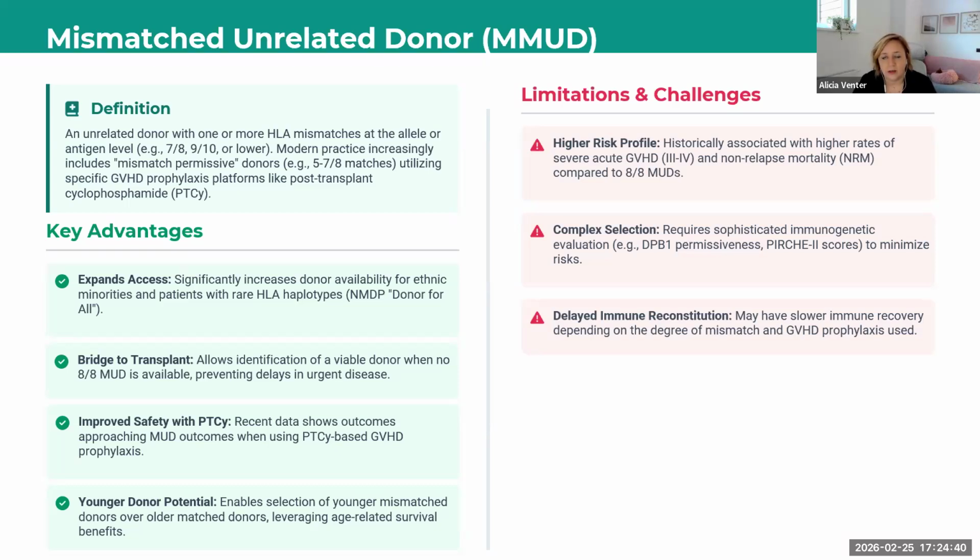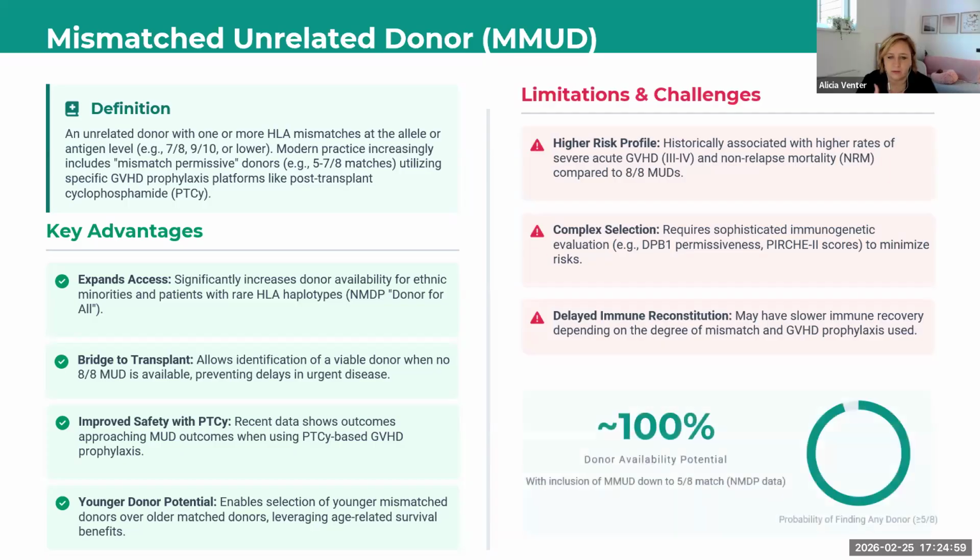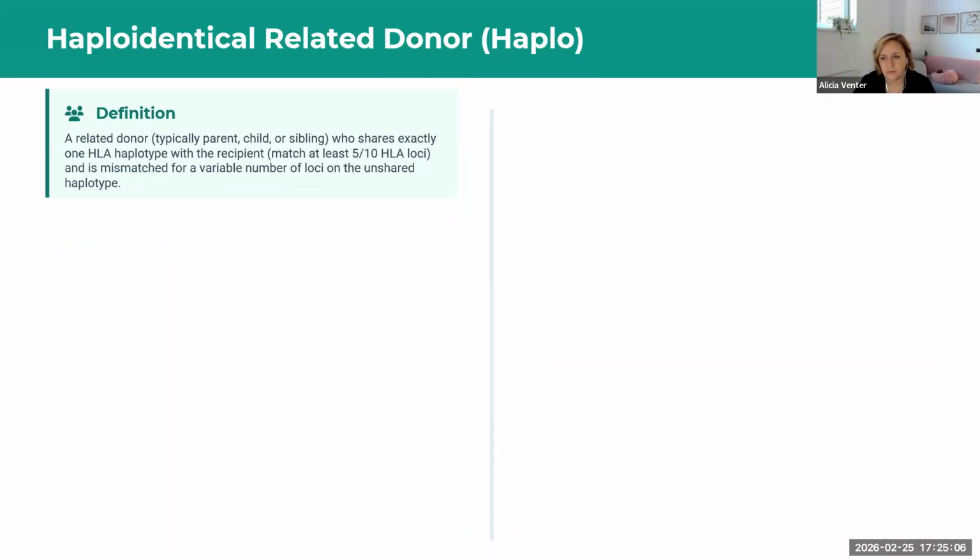But if you run a search and there are no 10 out of 10 donors and you need to start weighing up various mismatched donors, that's really, really tricky because which mismatch is the best mismatch? You're sort of between a rock and a hard place. And then there's the delayed immune reconstitution to take into account. This does, however, mean that close to 100% of patients could potentially have a donor.